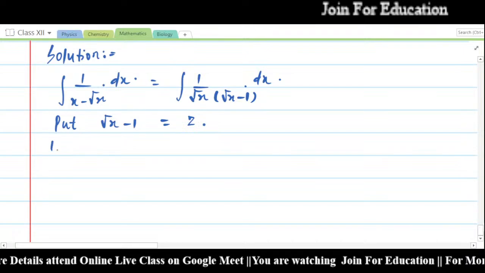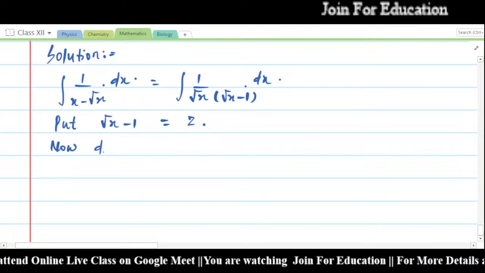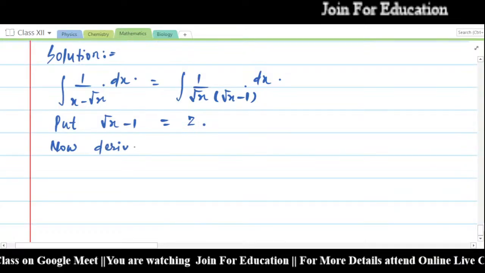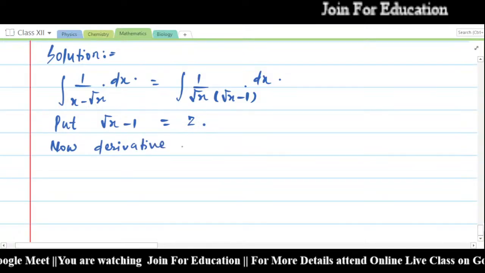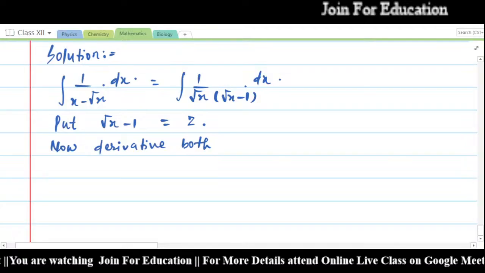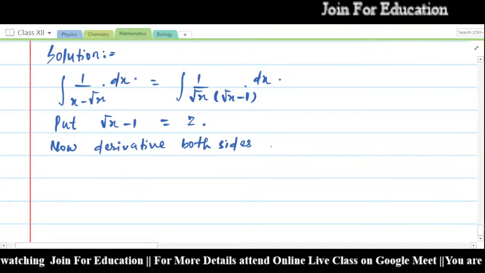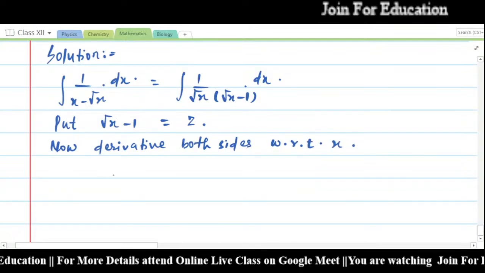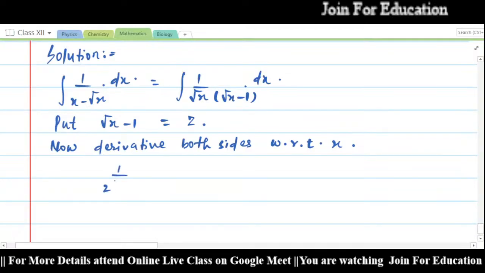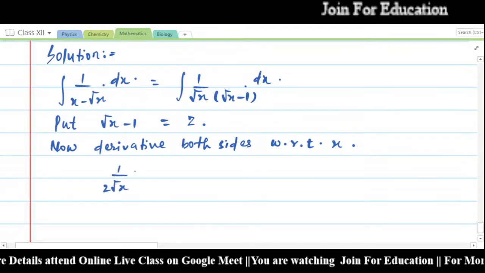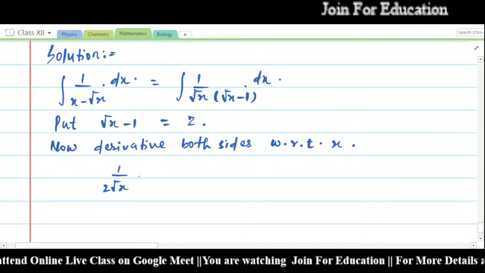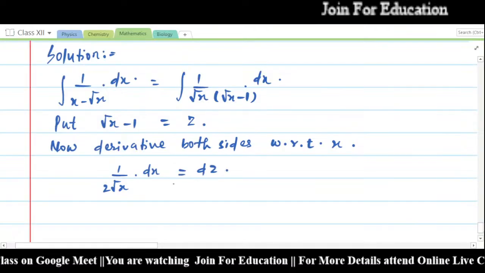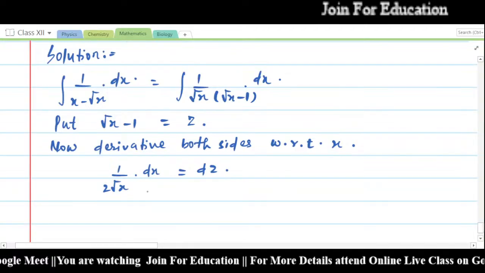Now take the derivative on both sides with respect to x. So here will be 1 by 2 under root x, and the derivative of 1 is 0, so we write 1 by 2 root x into dx equal to dz. Hope there is no problem understanding up to this step.